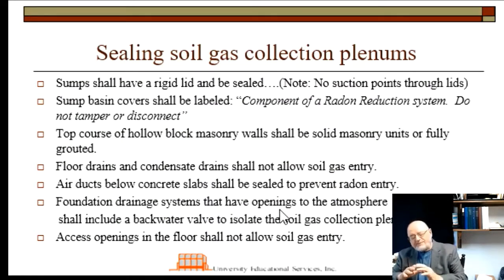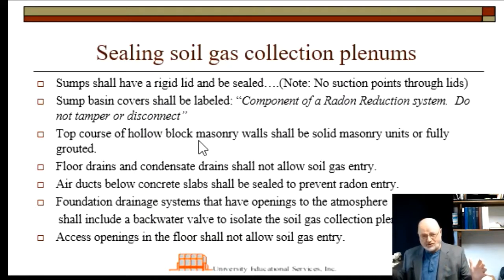Remember that the plenum, effectively that vapor barrier and everything below it, we'd like it to be airtight if we could possibly manage that. And so we need to consider things like sumps. They'll have a rigid lid. It'll be sealed. We can go through a number of things. Here's an interesting one. If you're using block walls, a lot of the block wall will be in contact with the soil.